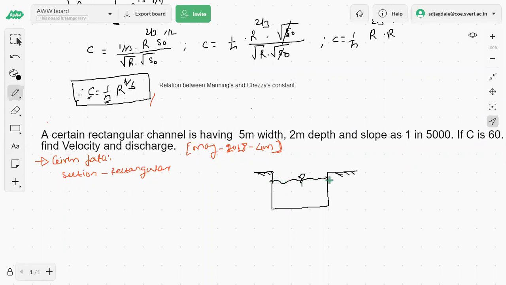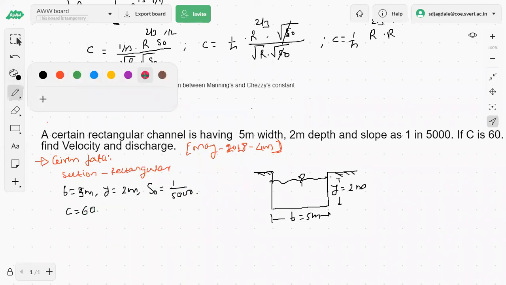Okay, we'll consider the flow depth y as 2 meters as per their given condition and the base width b as 5 meters. This is the condition given to us. So I would like to write here: b as 5 meters, flow depth y as 2 meters, and canal bed slope S0 equals 1/5000, along with Chezy's constant C as 60.